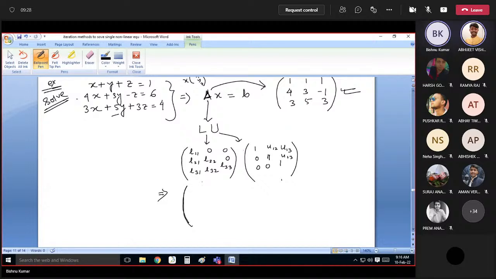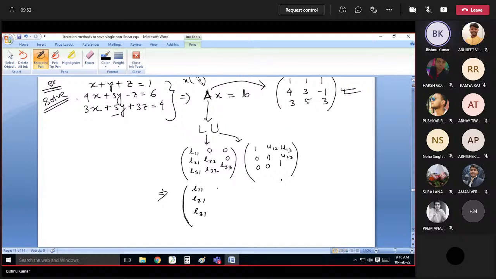Row by L11. Okay, quickly, L11. What will be second row by first column? L11 U12. No, sir. Second row first column, that is second element. Okay, no problem. Like the third row first column, third element first column. Okay, L31, isn't it?